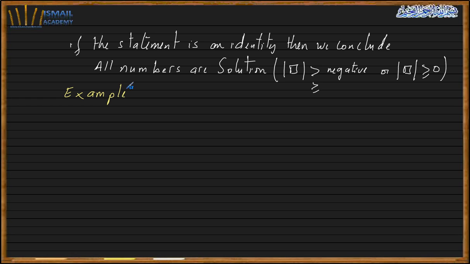So for example, if I pick 4 times the absolute value of 5x minus 2 plus 7 is greater or equal than 7. So here I minus 7 both sides.